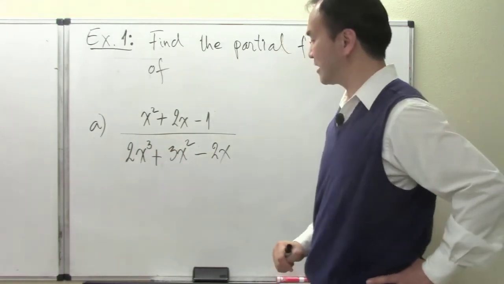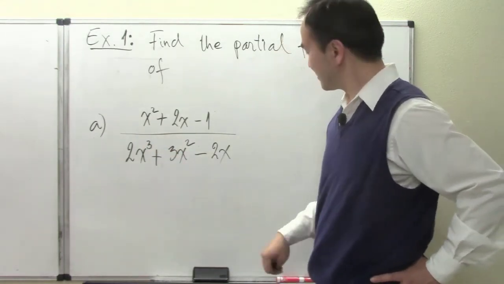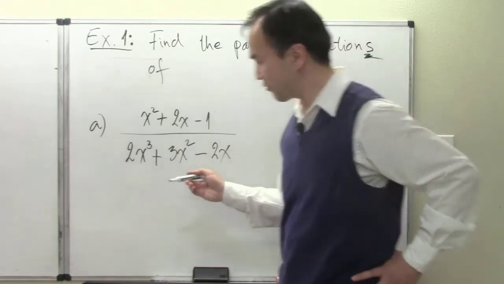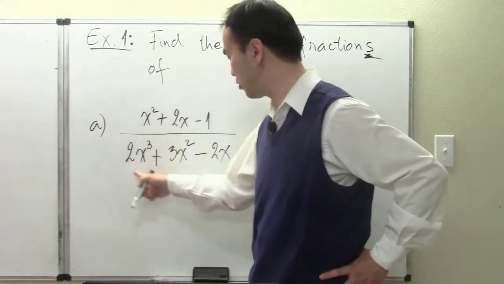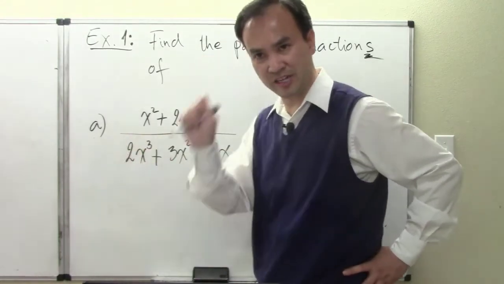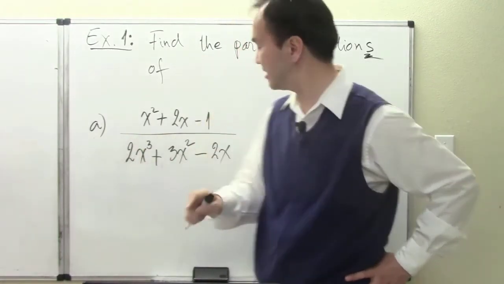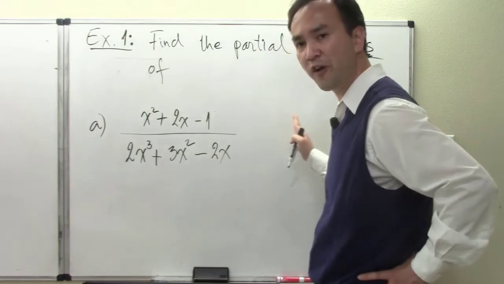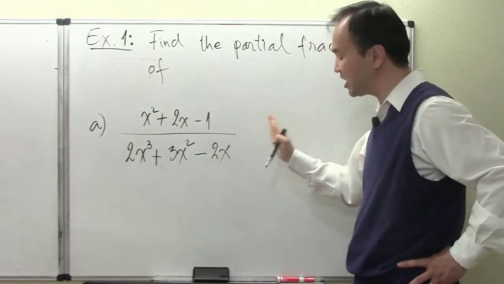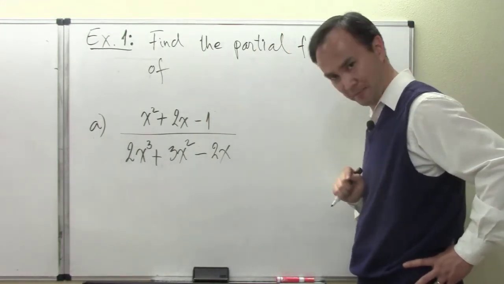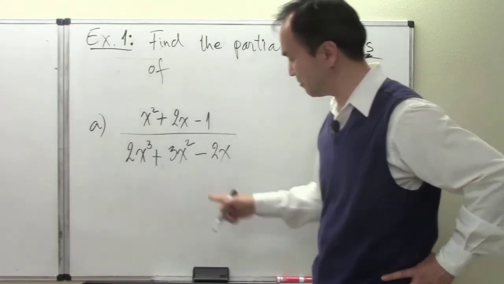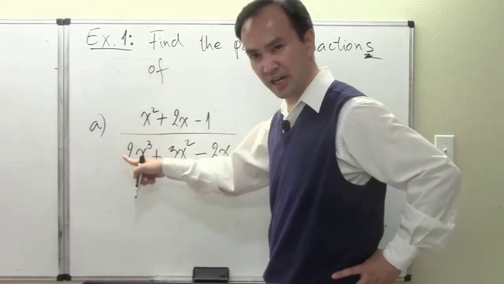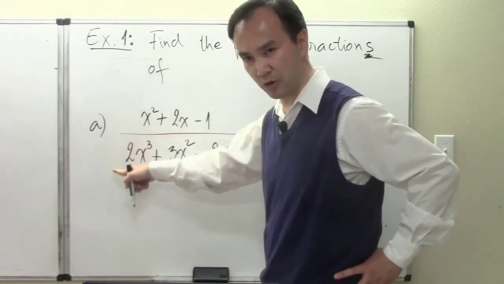Okay, so now let's get to it. The real starting step here, highly recommended, is to factor the denominator, because that helps you decide what each of your partial fractions will look like. Let's spend some time factoring this. I leave it for you to factor on your own.